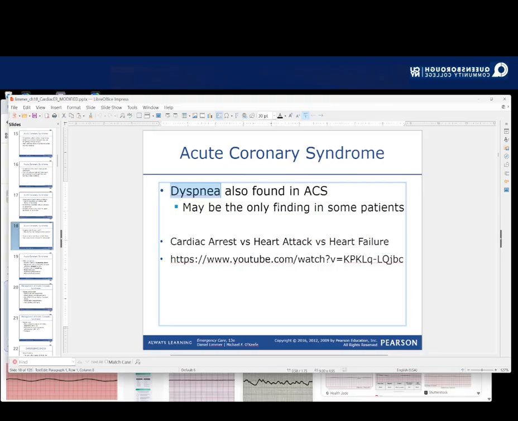Sometimes that's what the call is. You're called to a patient for difficulty breathing, and then you get there, and upon proper assessment, you realize this isn't just difficulty breathing. This person is having a myocardial infarction, an acute coronary syndrome.